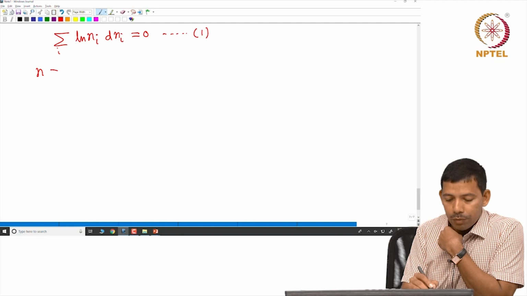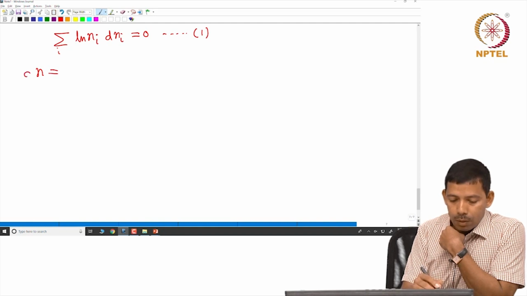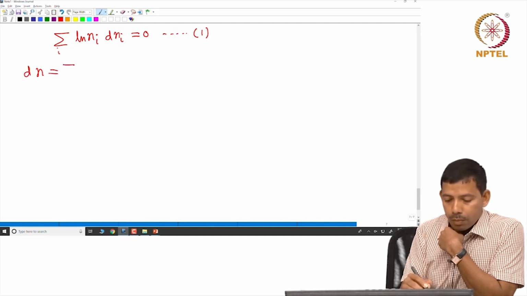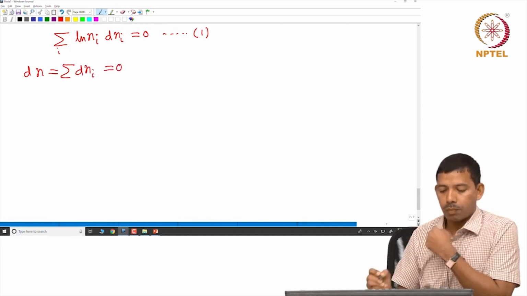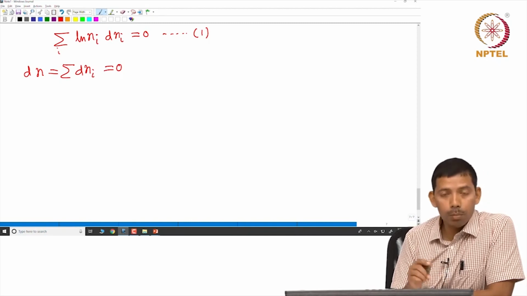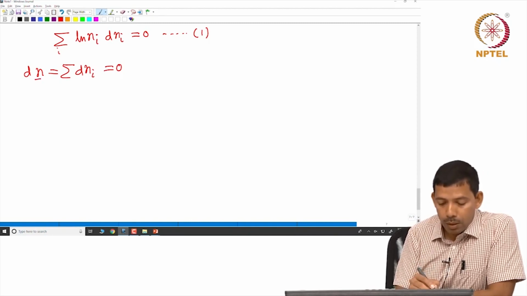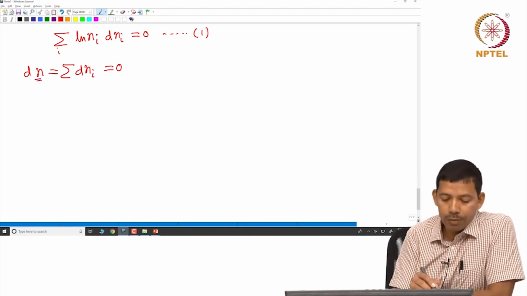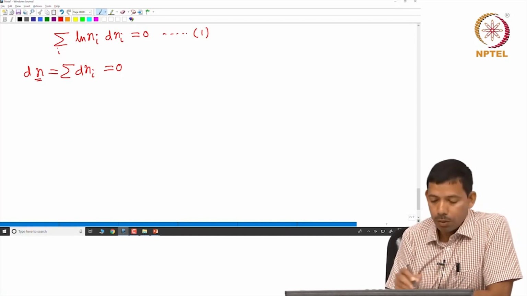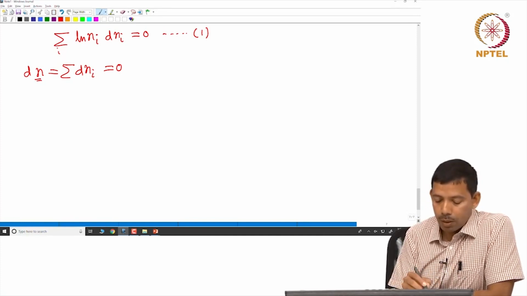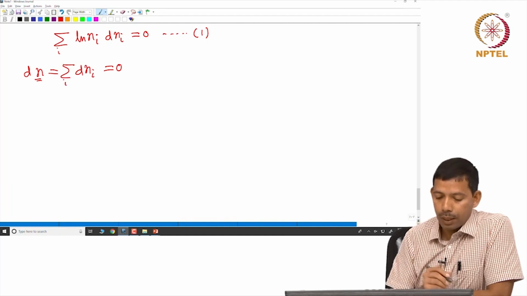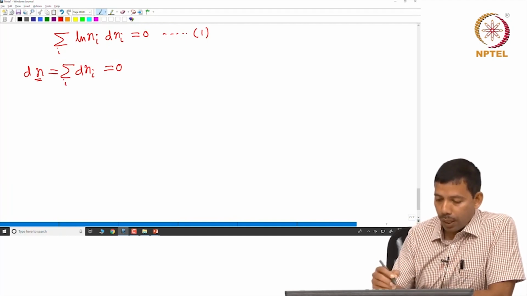Therefore, if I write dn as sum over i dni equal to 0, because my total number of particles n is fixed, the derivative of n is 0, and dn is nothing but sum over i dni. This is one constraint we had.